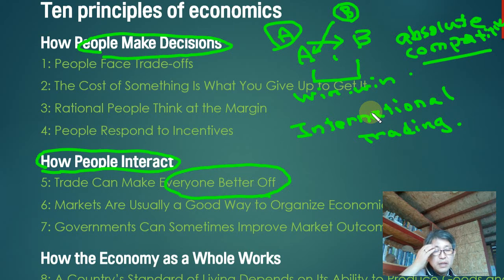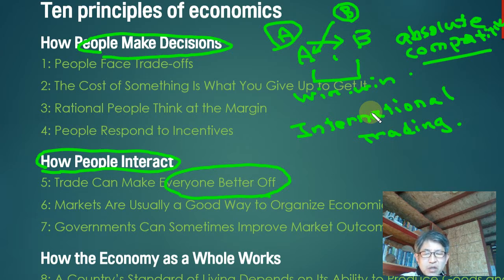So in this method, a country can purchase products from other countries at a lower price than they can produce them. Okay, because each country has a competitive enough lower price. So international trading can make everyone better off, good for all countries involved in trading.